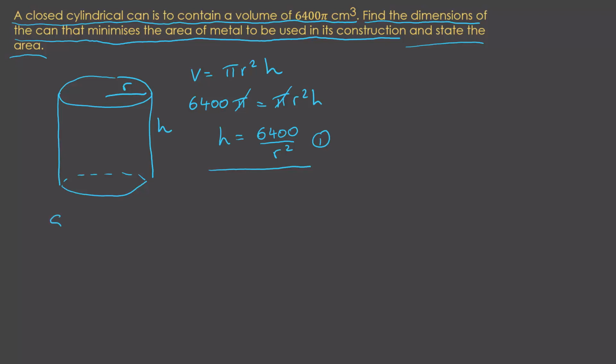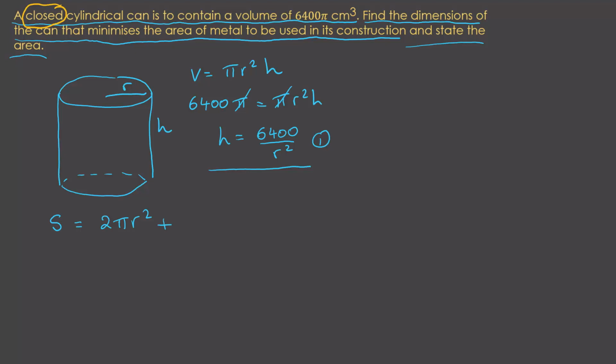What about the surface area? Well, one thing it tells us is that it's a closed can, which means it has a top and a bottom. So we've got 2 pi r squared for the top circle and the bottom circle.